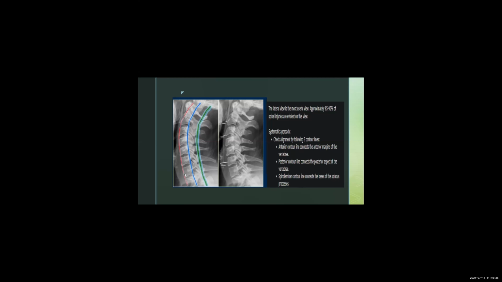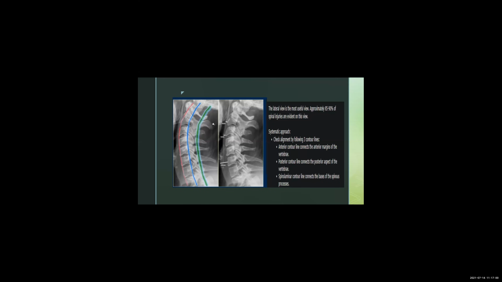Whenever you're reading these cases, we like to divide into three things: the anterior column, the middle column, and the posterior column, because different kinds of pathology or disease happen in these different areas. So this is essentially the anterior portion, this is the middle portion, and this is the posterior portion of the spine.